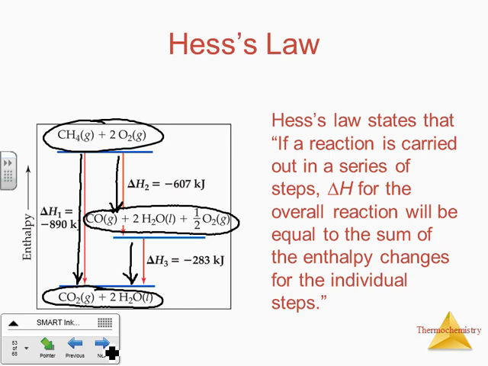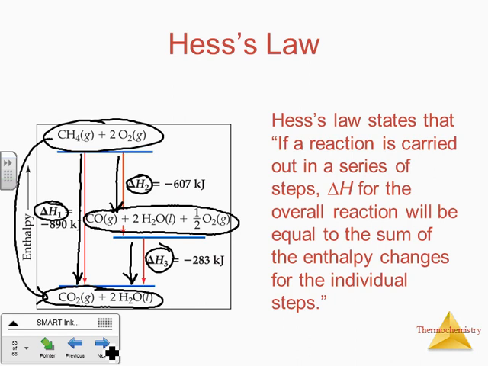It's still going to end up being about the same. Okay, so the H2 here and the H3, if you add those two together, that's going to be the same as the H1 over here. So it doesn't matter if it happens in one step or two steps. The only thing that matters is getting from here to here. Okay, starting point and ending point. The in-between really doesn't matter that much, okay?